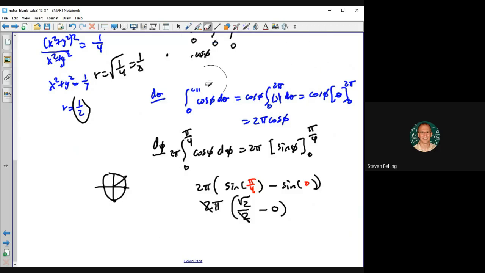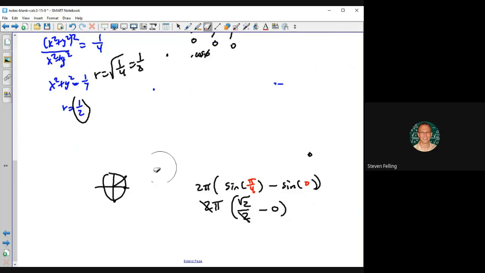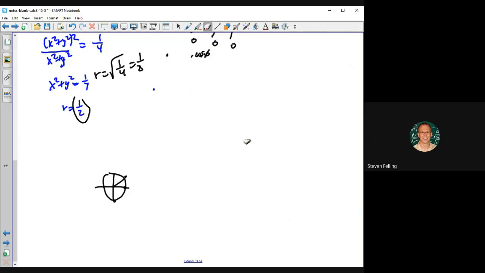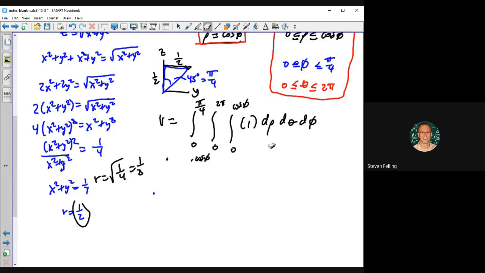The problem was that I didn't put the correct element out here. It is true that we have d rho, d theta, d phi. However, whenever we're doing spherical, it's not just d rho, d theta, d phi. It's rho squared sine phi d rho, d theta, d phi.